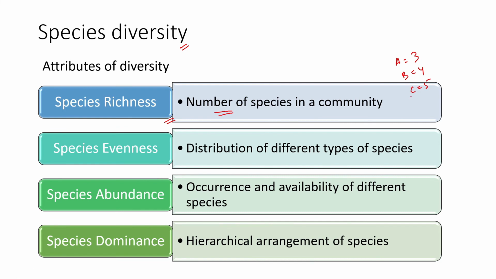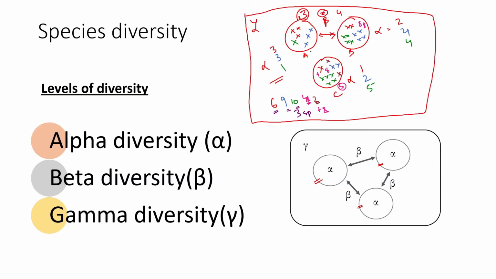Then there is species evenness. Evenness talks about how they are distributed. In this system, community B, the species are distributed in a particular manner: two reds, two pinks, four blues and four greens.